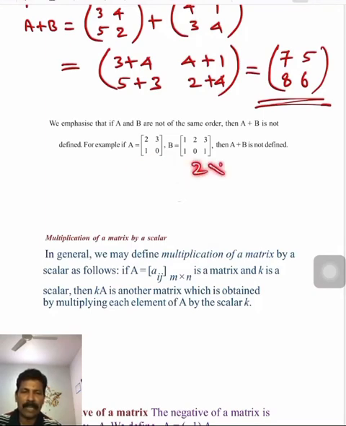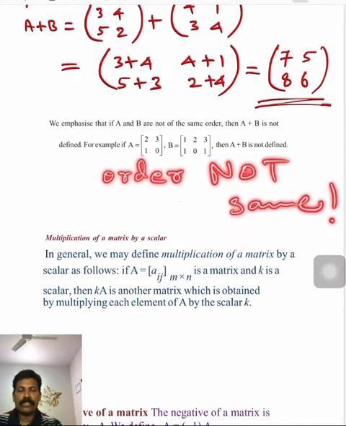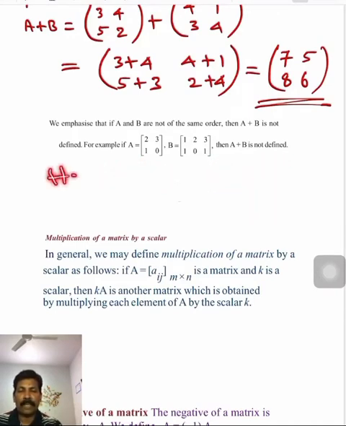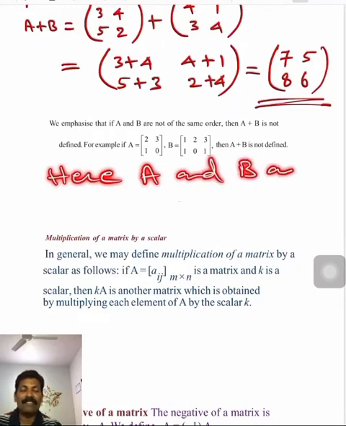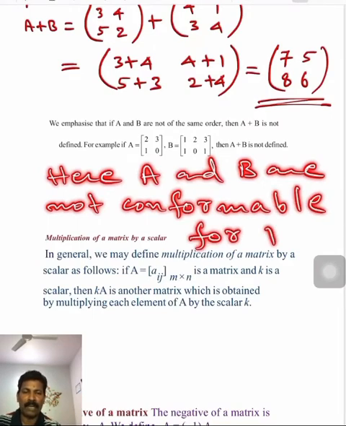For example, here A is a 2 by 2 matrix and B is a 2 by 3 matrix. Their orders are not the same, so we cannot add them. We say that capital A and B are not conformable for matrix addition.